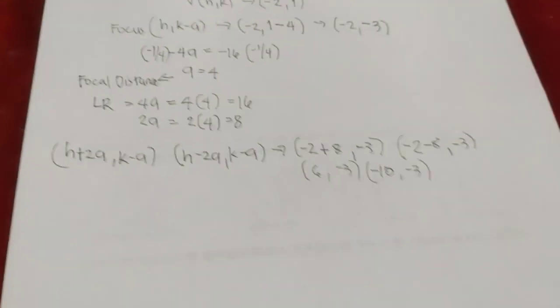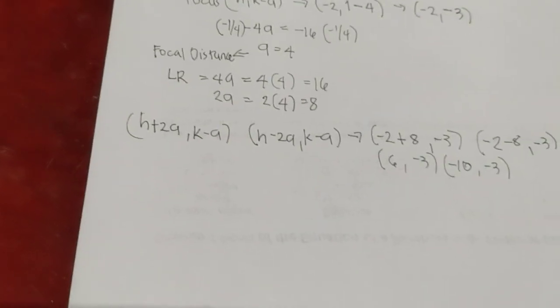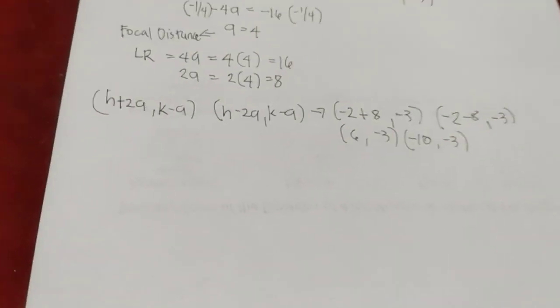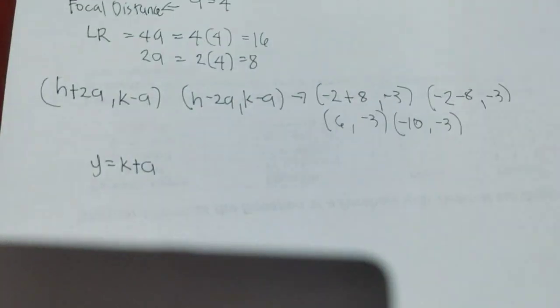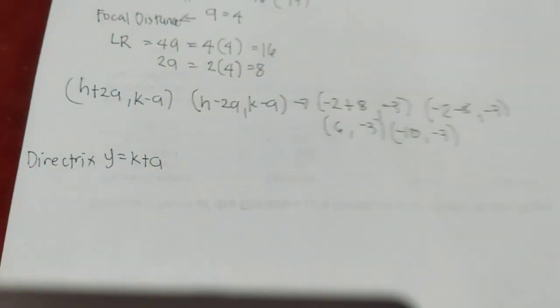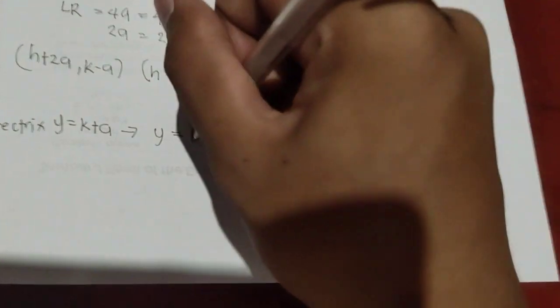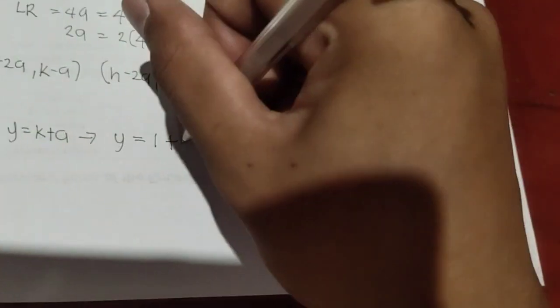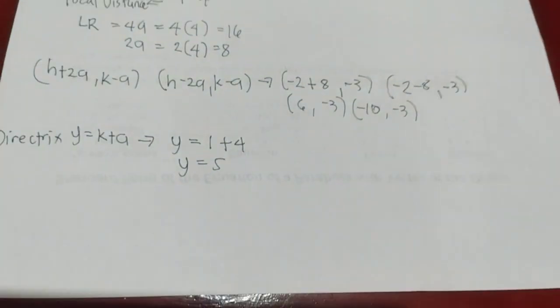And the line of directrix of the parabola that opens downward is y is equal to k plus a. So therefore our line of directrix is y is equal to k, which is 1, plus a, which is 4. Then we have y is equal to 5.